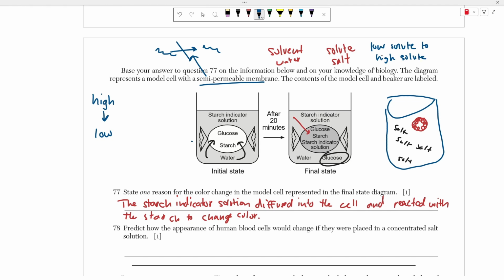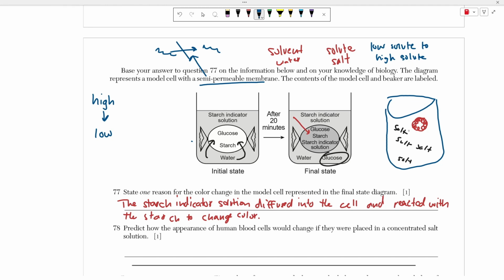Okay? Why? Because it's trying to balance out. If you have a glass that's super salty, right? Full of super salty water, the way that you can make it less salty is by diluting it, right? You add more water to it, and the more water you have, then the less salty it is, right?